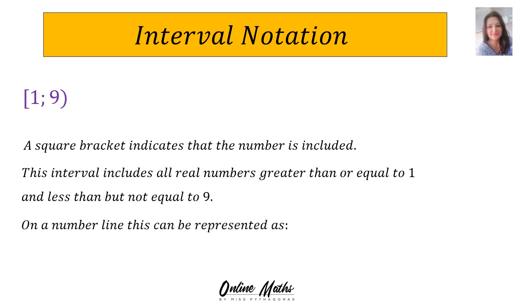On a number line, this can be represented as, now suddenly you will see your circle, but it's colored in to represent the fact that there's a square bracket and the number is included. So there's your 1, there's your line, and then there's your open circle with the 9, since 9 was not included.